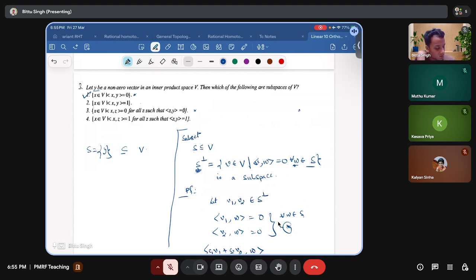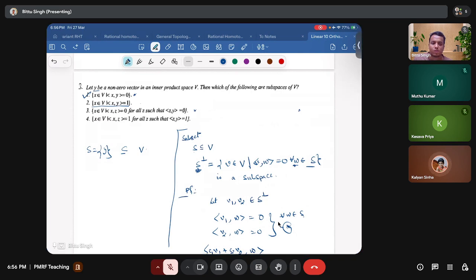Is this subset a subspace of V? Where is the problem? Can you see any problem in this case? So this property does not hold.